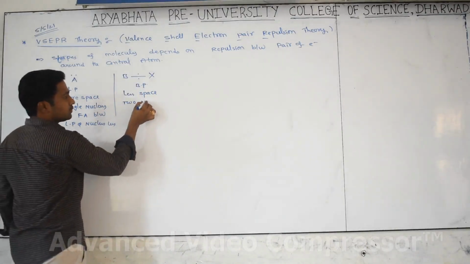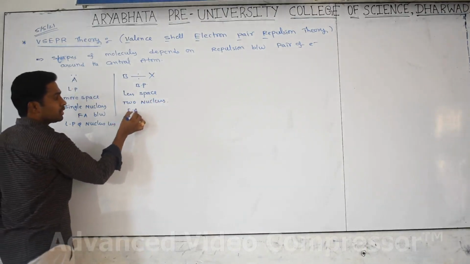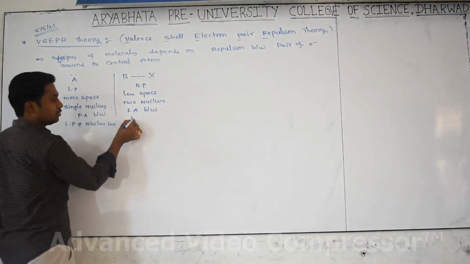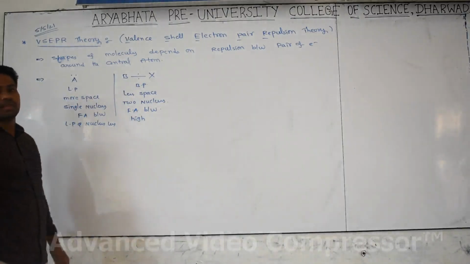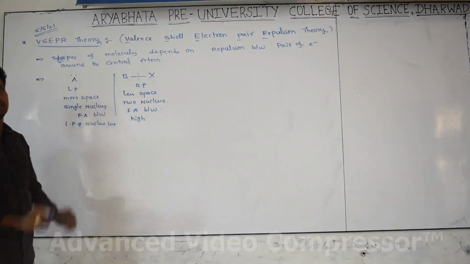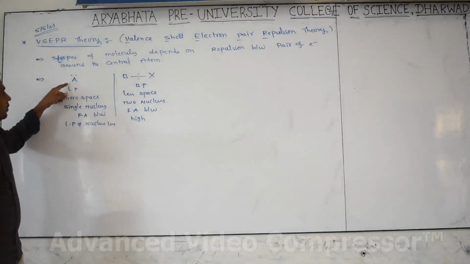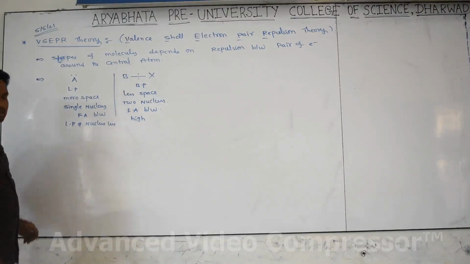Because of two nuclei, the force of attraction between them will be high. Automatically they occupy less area, since they exist in between the nuclei. So always a lone pair occupies more space and a bond pair occupies less space.